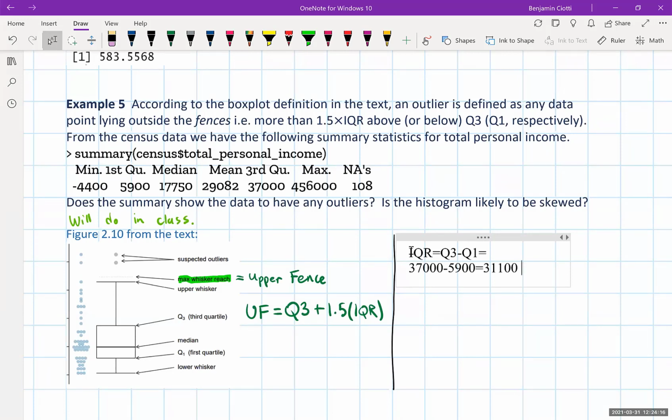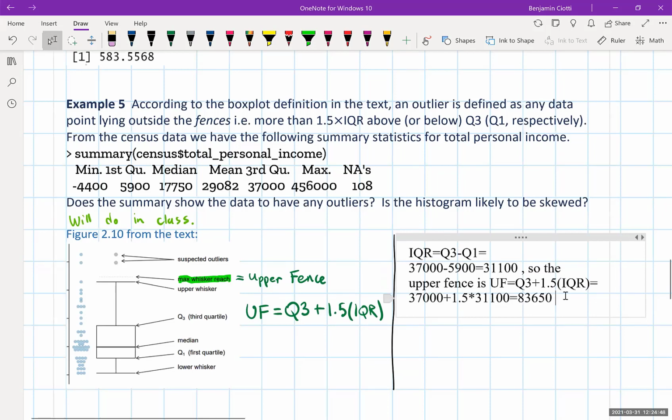Then we can find the upper fence. The upper fence is Q3 plus 1.5 times the IQR, which is 37,000 plus 1.5 times the IQR that I just found. So we get 83,650. That's the location of the upper fence.